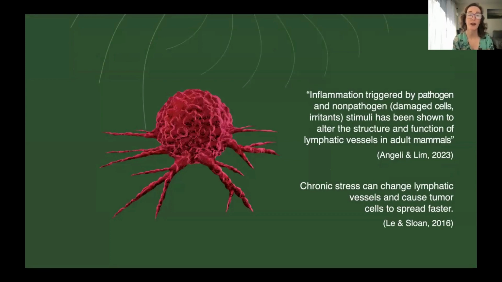And then this graphic, this is actually the graphic of a cancer cell. So this is what a cancer cell looks like. And the science has seen that inflammation can trigger stimuli that affects the structure of the lymphatic vessels, and that also chronic stress can have an effect on how fast the tumor cells grow.